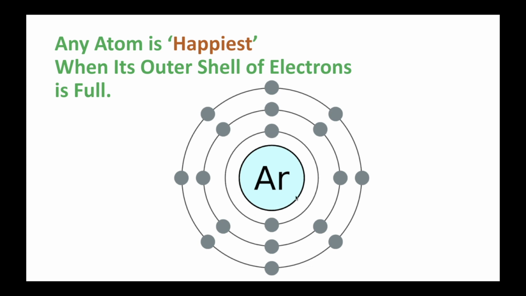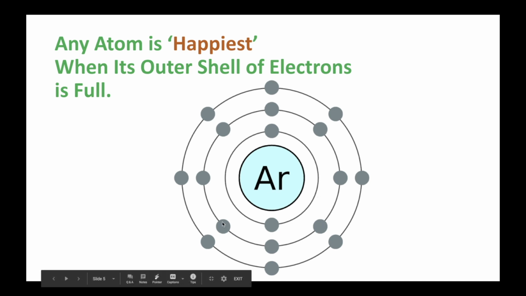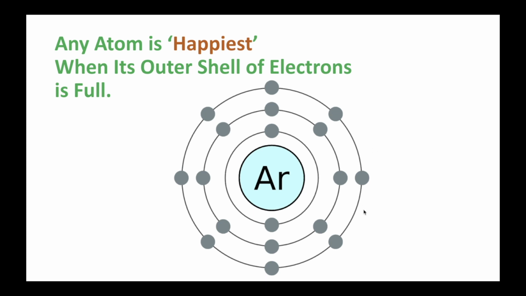Now that inner ring only has 2 electrons. And then the next 8 you put onto the second ring, and we call that a shell. So the second shell can hold 8 electrons. And then the third shell can also hold 8 electrons. And the atom is happy if the outermost shell, which in this case is this third one, if it's full, completely full, then the atom is happy.